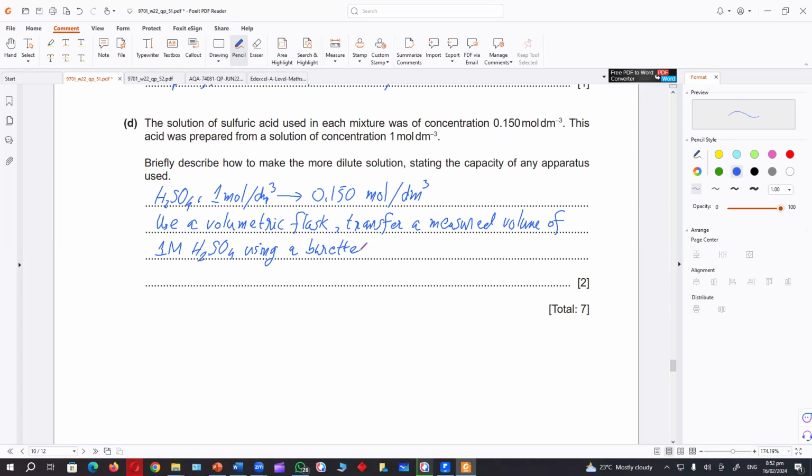But by this, shouldn't we add a measured amount of... No. I have transferred the 1 mole per dm cube, but should I fill it till the mark? Yeah.